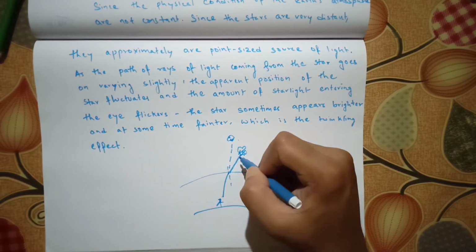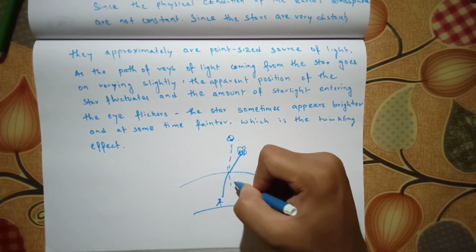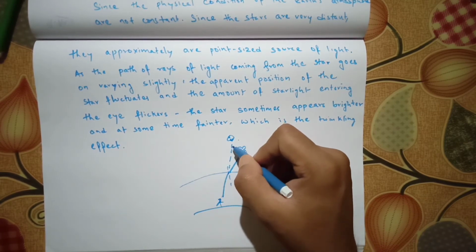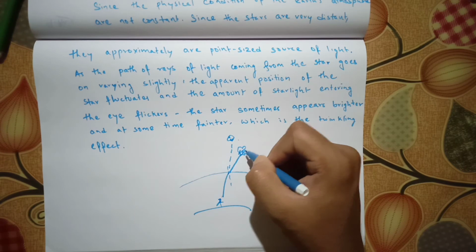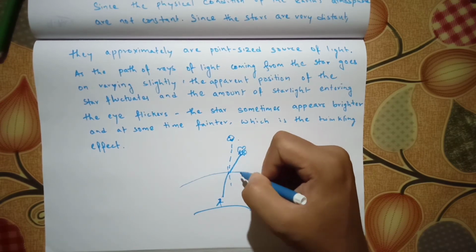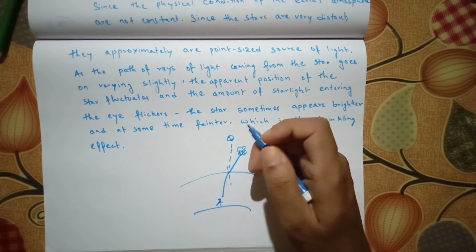This is the twinkling effect because of the humidity present in the air, as well as the ray of light coming from a rarer medium to a denser medium.